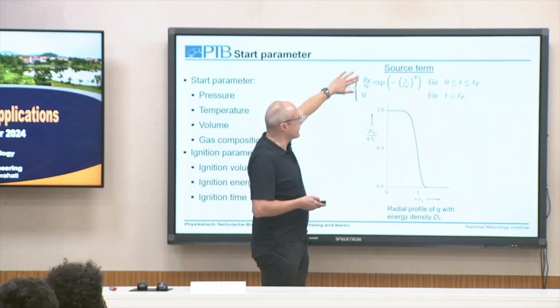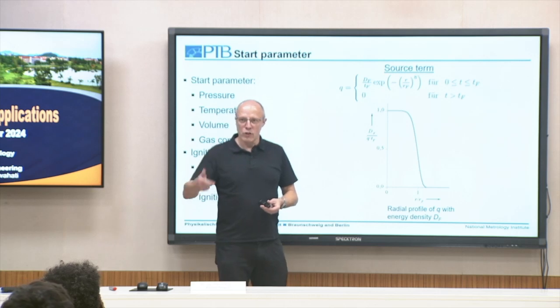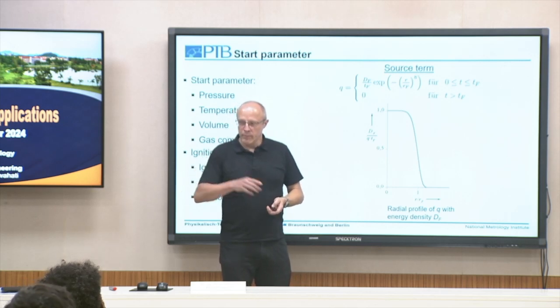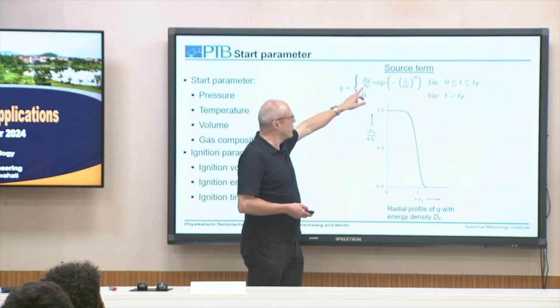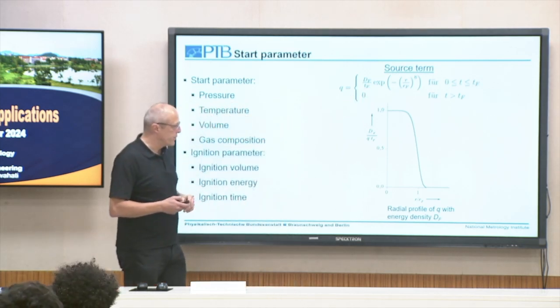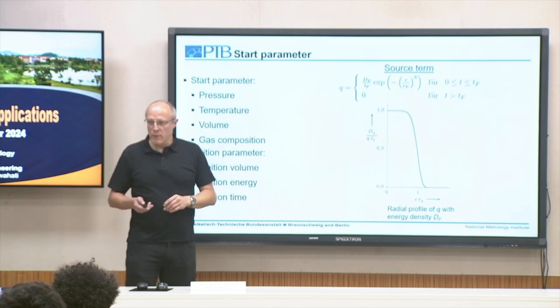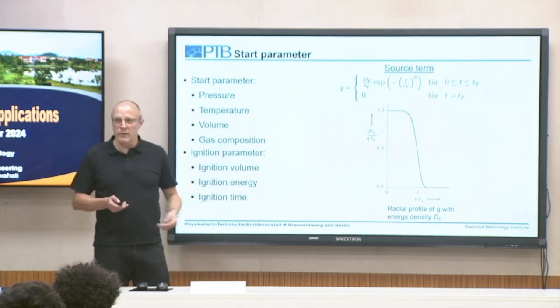Then we have here the energy density. That means the energy of the spark and the volume of the spark, and the tF represents the temporal length of the spark, so how long we deposit energy into our system.